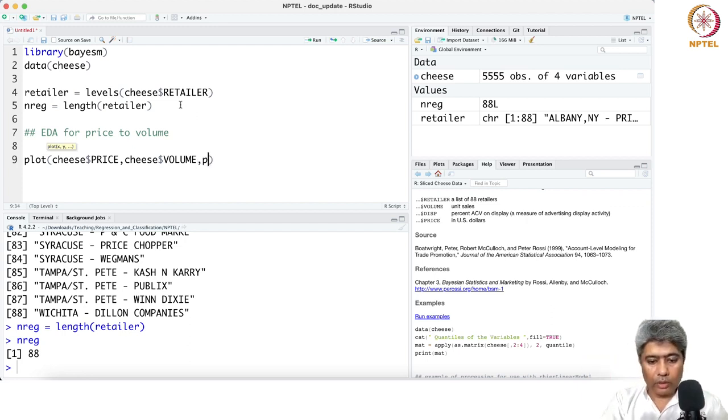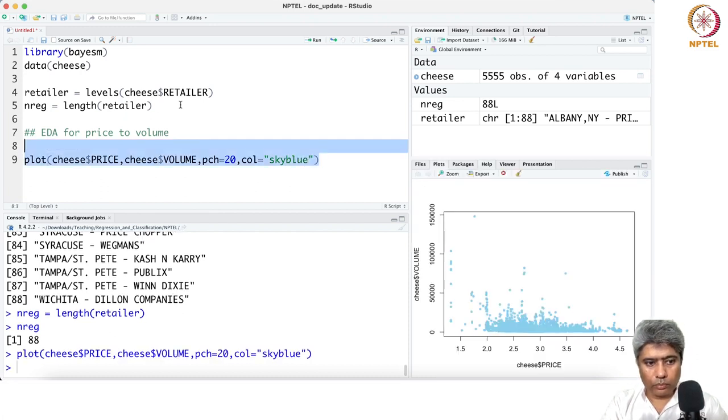With pch equal to 20 and color equal to sky blue. Okay, so it looks like this.